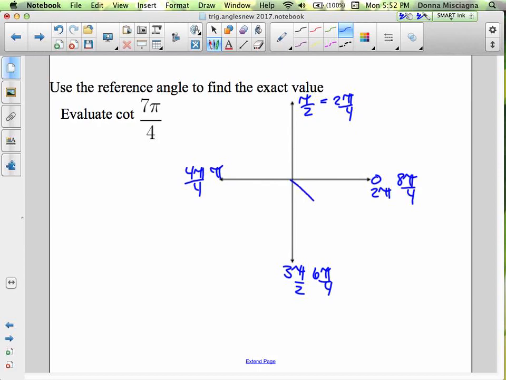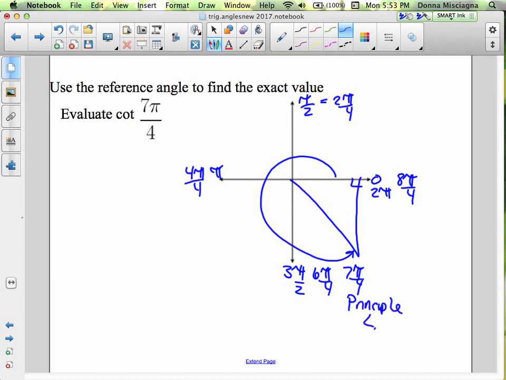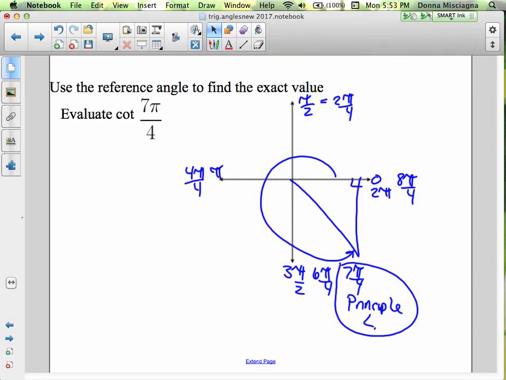Halfway is 7 pi fourths. So this is our principal angle, 7 pi fourths. Our reference angle is right here.